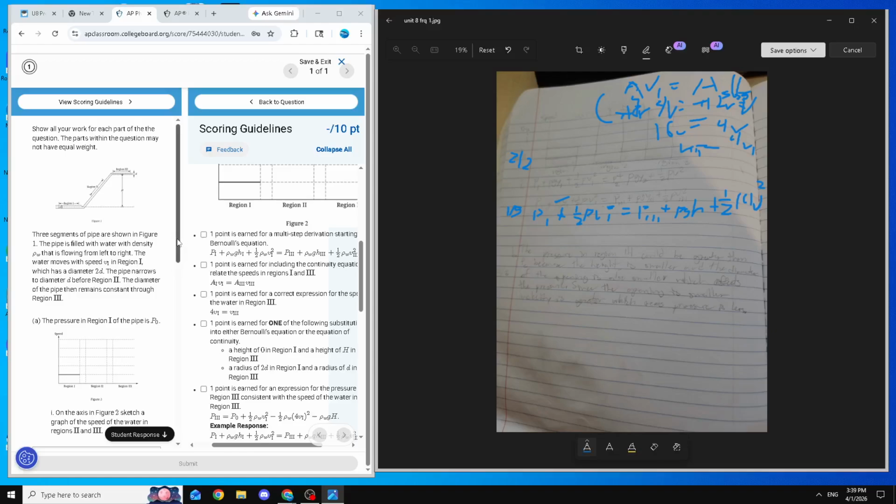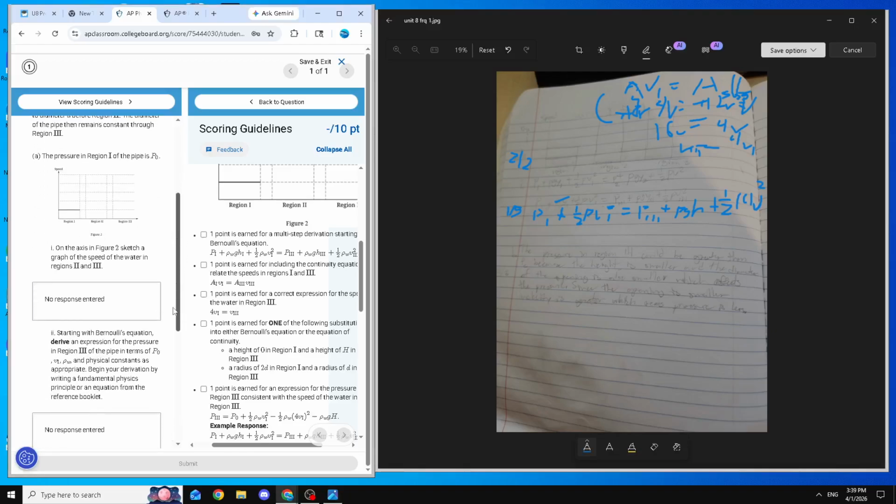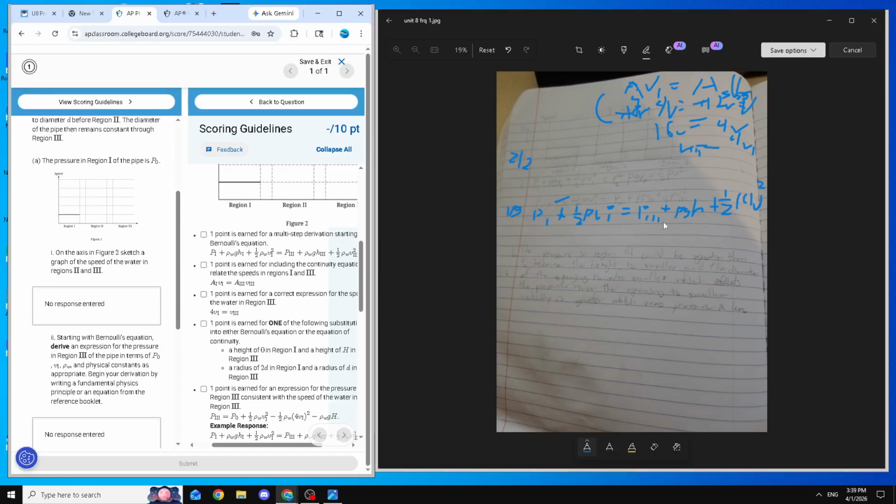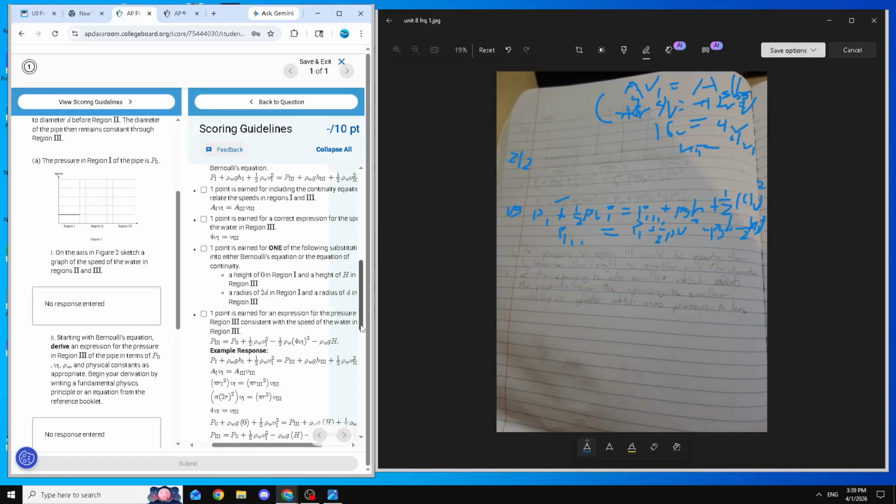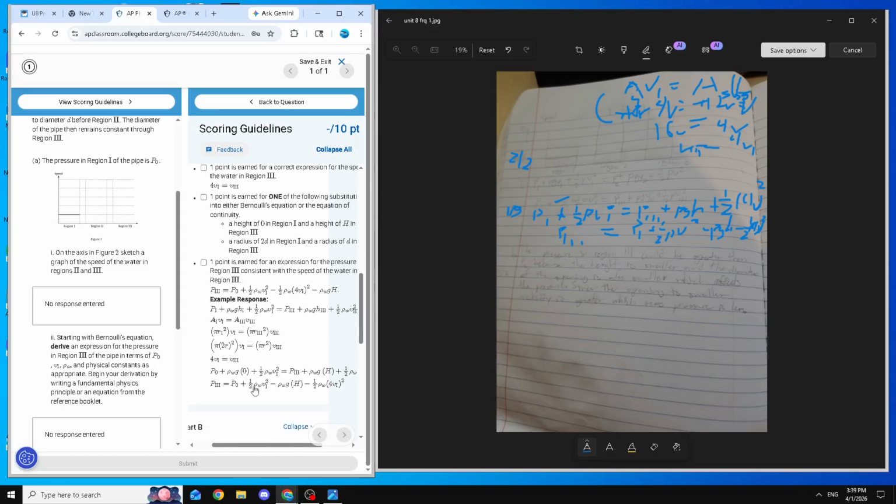It's asking us to find the pressure for region 3, so if you just bring it to the other side, we just get P3 equal to P1 plus 1/2 rho V1 squared minus rho g h minus 1/2 rho 4V1 squared, which is the answer.